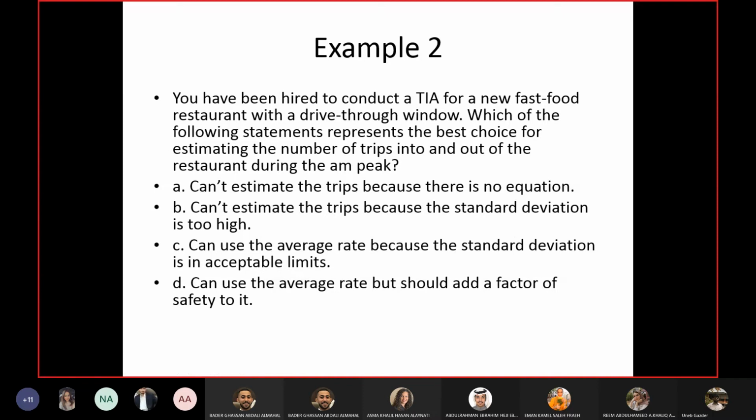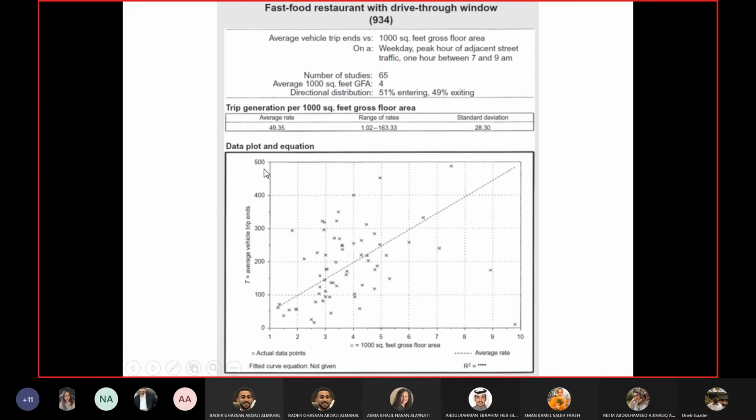Okay, but let us look at the data given in the ITE manual for a fast food restaurant with a drive-through window, and let us see which of these statements is correct. Fast food restaurant with drive-through window, code 934.